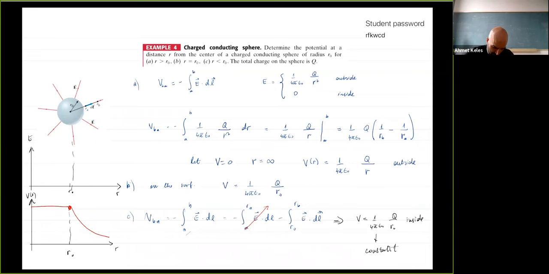Let's show it in blue. Outside the surface, we know it's going to be 1 over R squared. And as soon as you enter inside, the electric field is 0, something like this. Okay. So let me write it a little nicely.